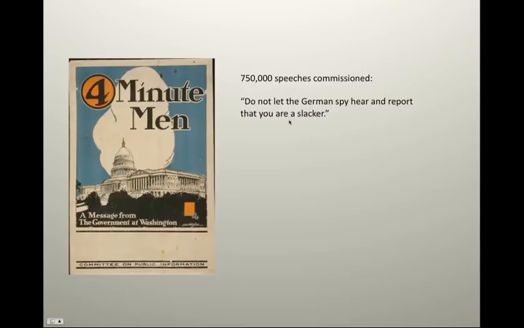"Do not let the German spy hear and report that you are a slacker," read one of the template speeches given by the government-paid patriotic orator.